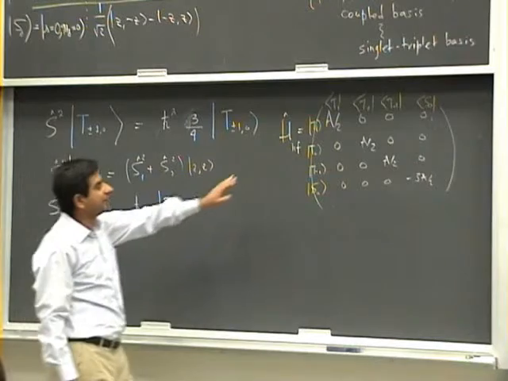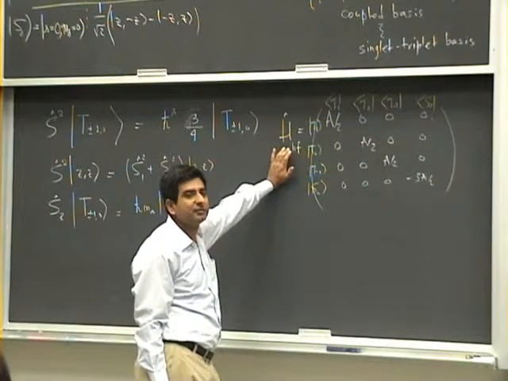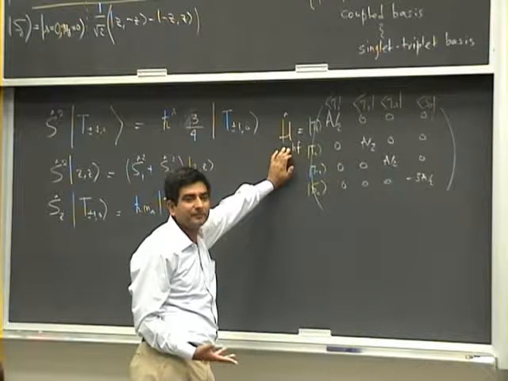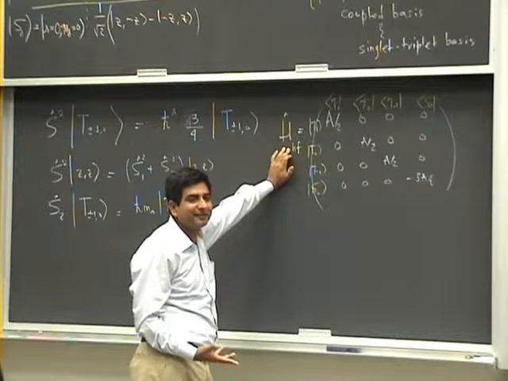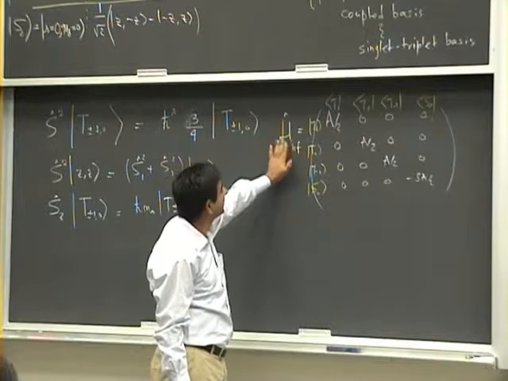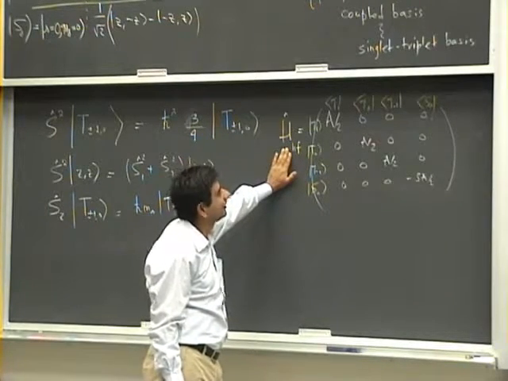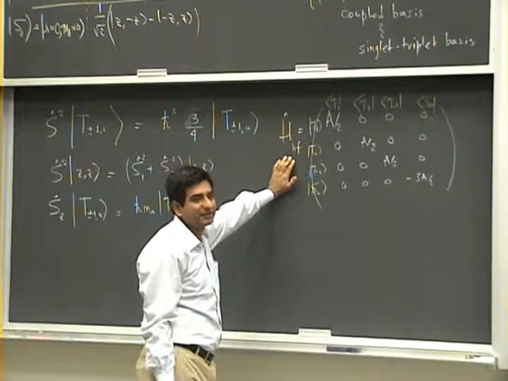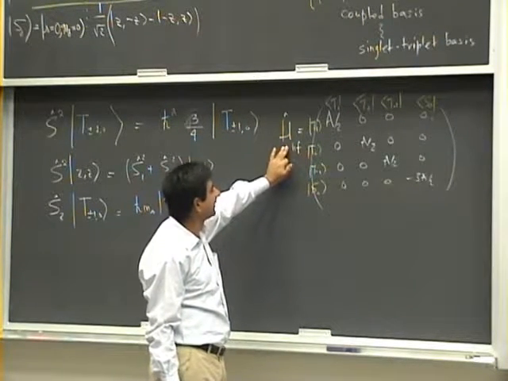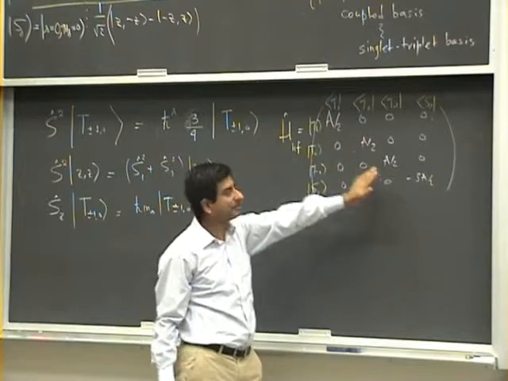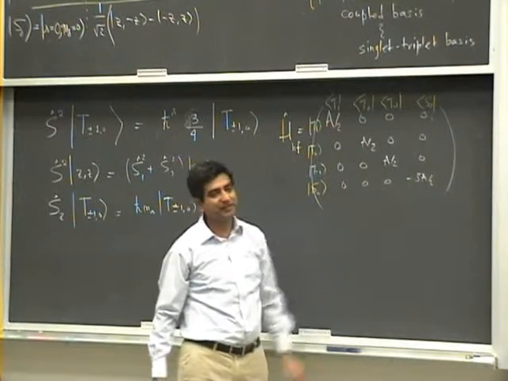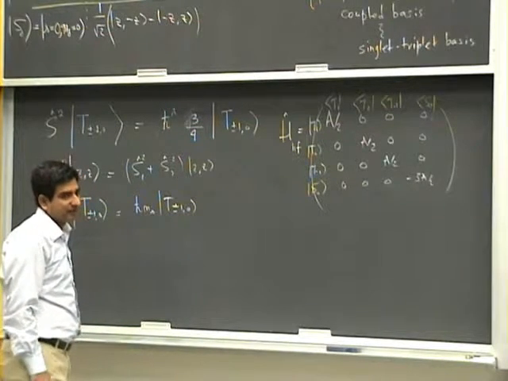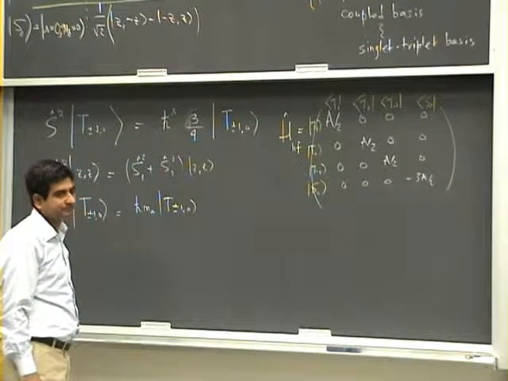So if the hyperfine interaction acts as a perturbation on a background Hamiltonian, we recognize that we can write this perturbing Hamiltonian in any basis, and the eigenvalues will be the corrections to the energy. So if you write the hyperfine interaction in terms of the singlet triplet basis, these diagonal elements will just give the corrections to the energy. And this is one homework problem that I have already given you.